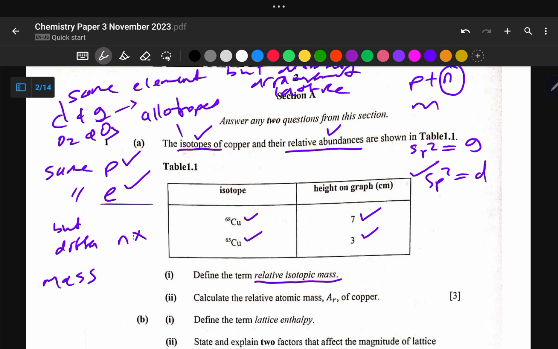So we are given abundance and isotopic mass. We are required to define the term relative atomic mass.